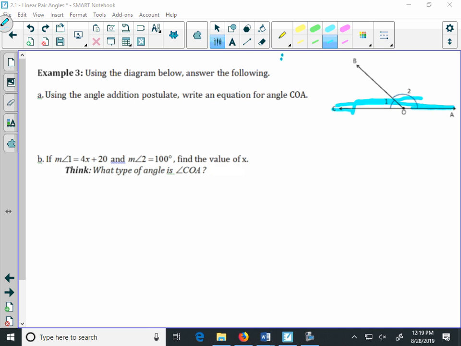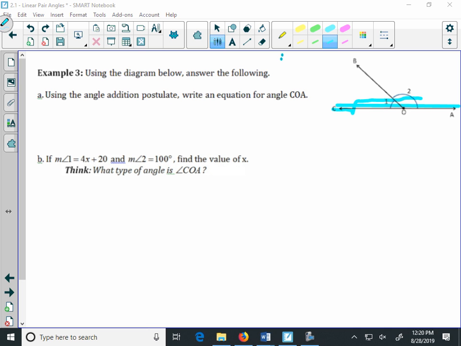Correct? There you go. Well, what type of angle is that? Straight lines, we call what type of angle? Straight angle, okay?